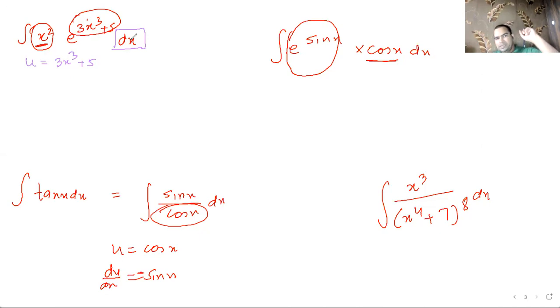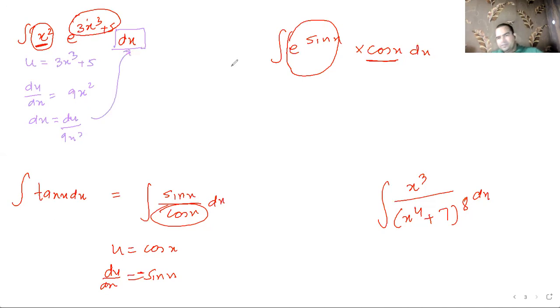You need to replace this dx in terms of du, so your integral should now be in terms of u. So how do we get rid of this dx? If I take du by dx, I get 9x squared. Next we make dx the subject. So dx is du over 9x squared, and you put it out here.